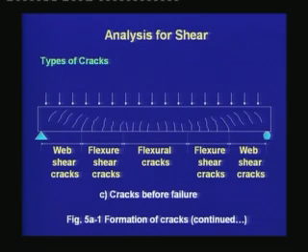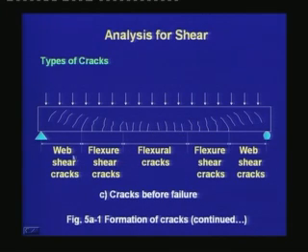If we load the beam further, then we find a complete picture of the types of crack that are generated in the beams. In the middle region, we have the flexural cracks which are perpendicular to the axis of the beam, and they start from the bottom and propagate upwards.